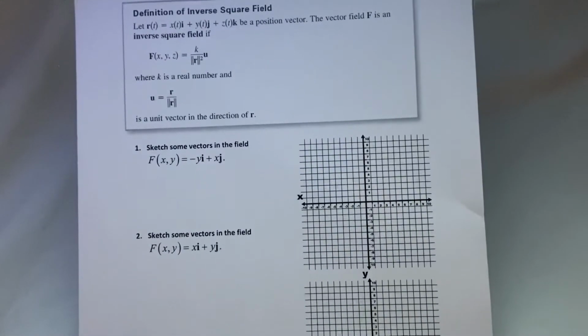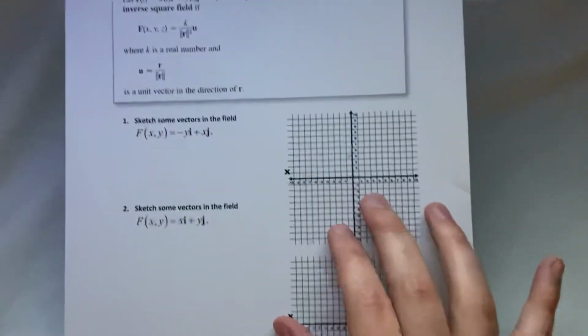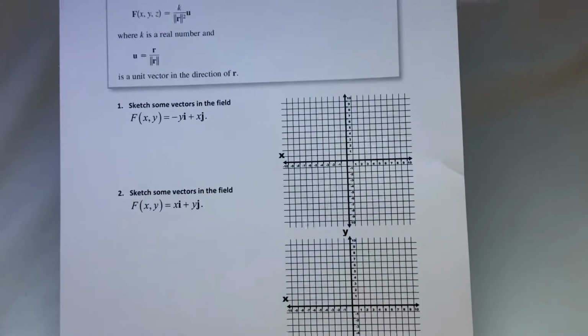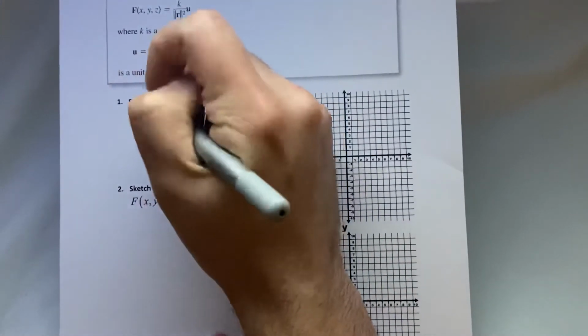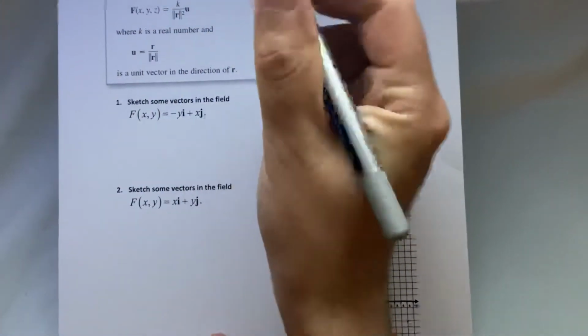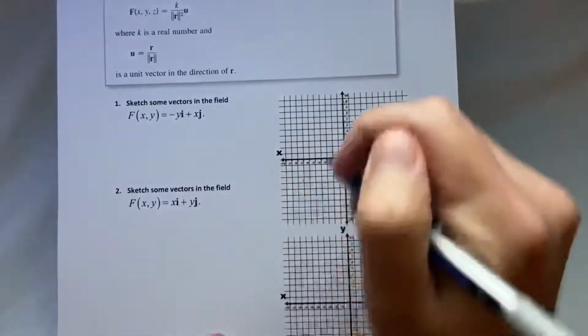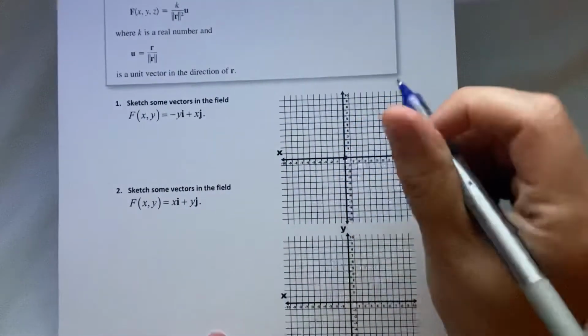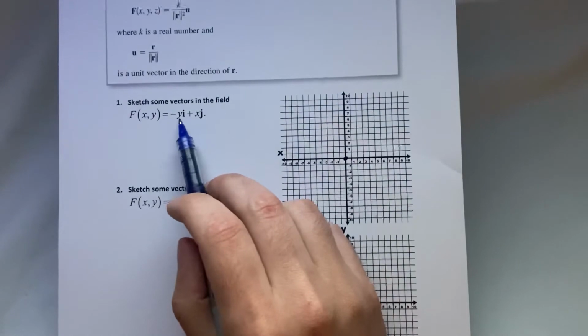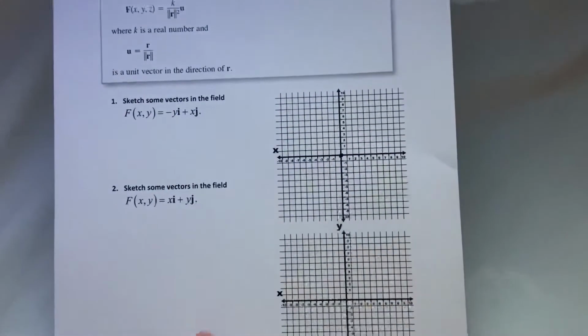Let's, before we do anything, sketch some vector fields. Sketch the vector field F of x, y equals negative yi plus xj. Okay. So let's just look at some points. Let's take (0, 0). If I put in (0, 0), the vector will be 0i plus 0j, so there is no vector.